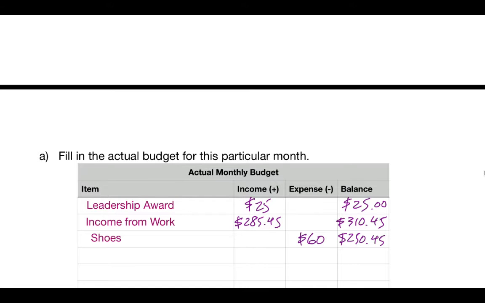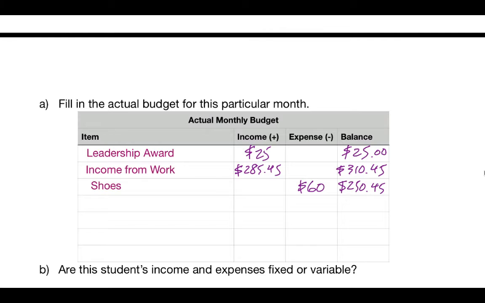And after the shoes purchase, there's also a skateboard. All right, and the skateboard, the cost there was $109.35. And so if we subtract the $109.35 from $250.45, we're left with $141.10.